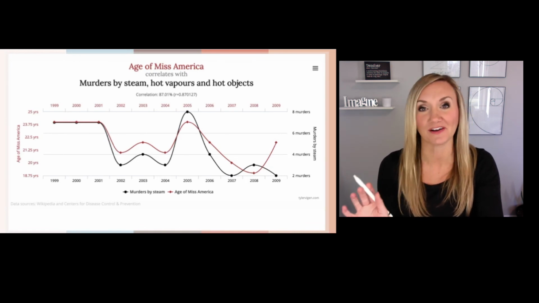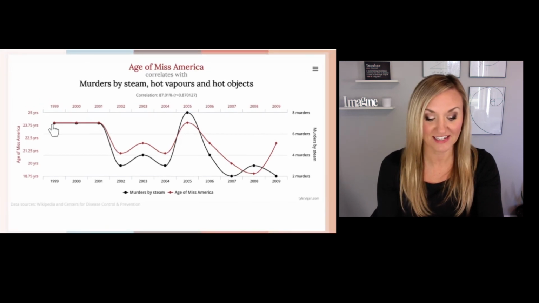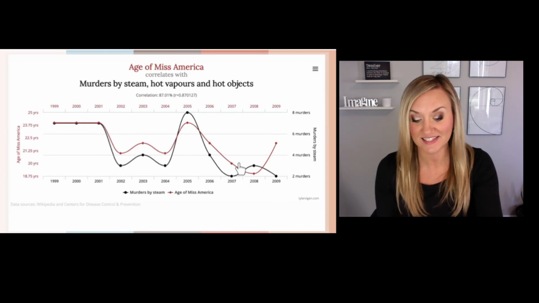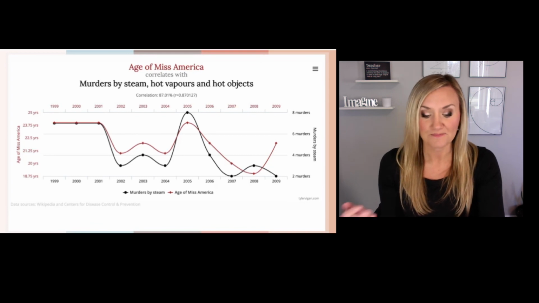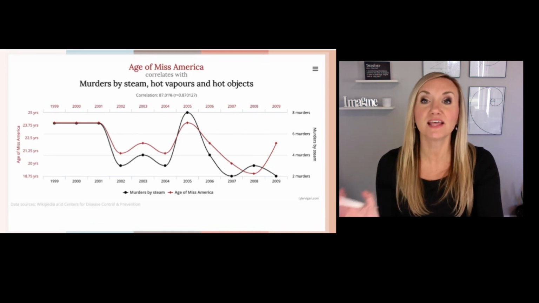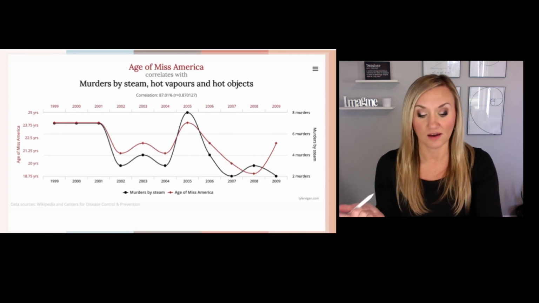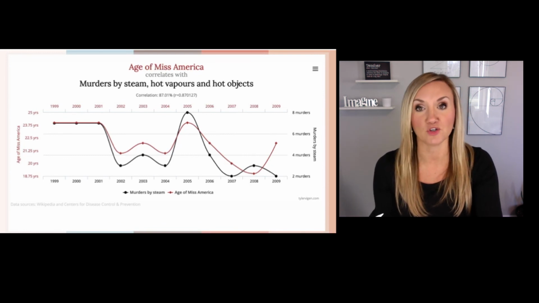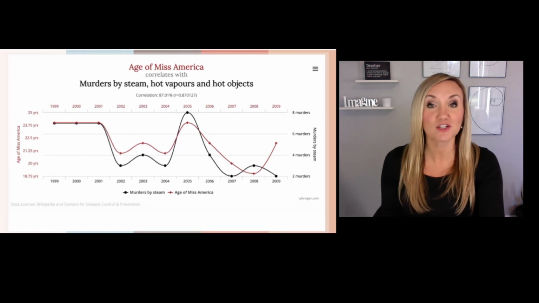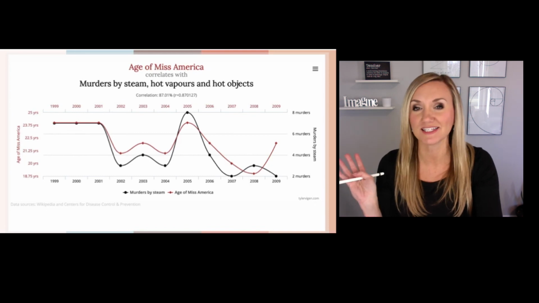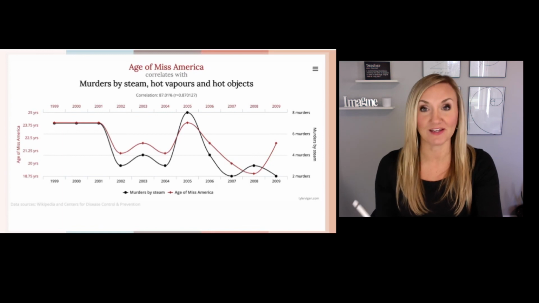I know it is weird. But look, it definitely follows that same kind of pattern there. Like we could say, hey, it does correlate with each other. But does that mean the age of Miss America causes murders by steam, hot vapors, and hot objects? No. So it is really important for you to understand that just because there is a correlation does not mean that one causes the other. So correlation does not always mean causation.